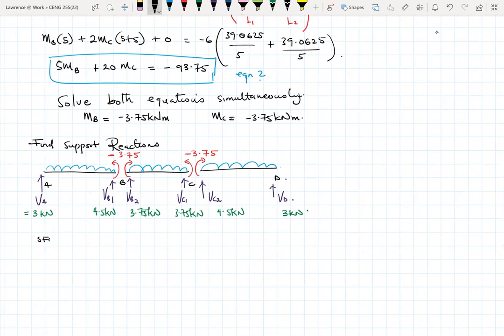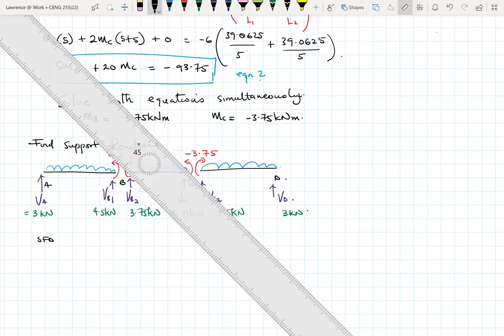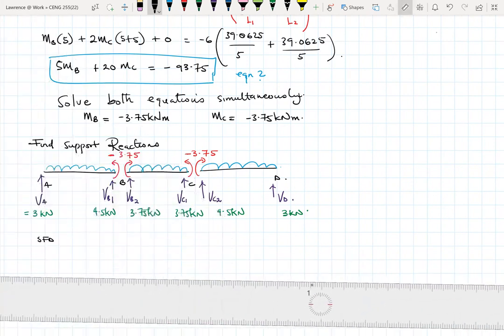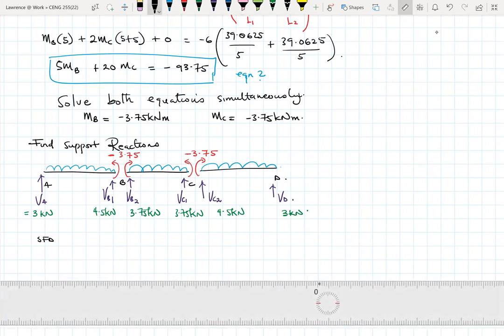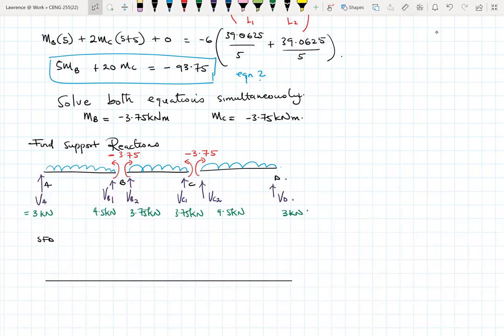So let's say shear force diagram. Let me just draw it a bit nicer. Okay. So I have A. I think my B should be here, my C, and my D. I think so, yeah.